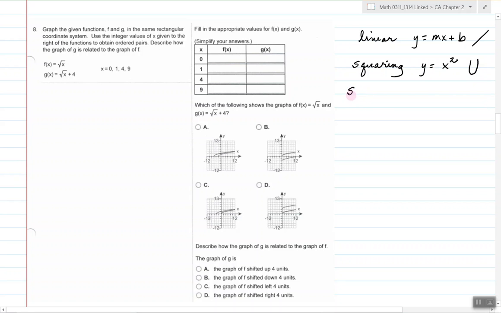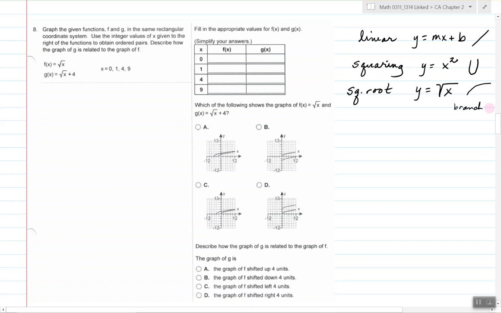Now I'm going to look at a square root function, which is y is equal to the square root of x. And I will just tell you that this looks kind of like, my name for it is a branch.